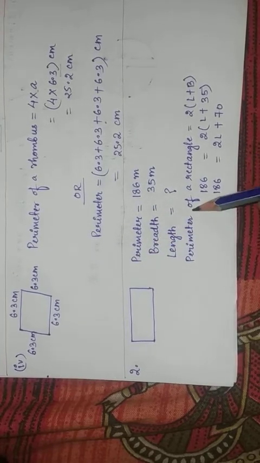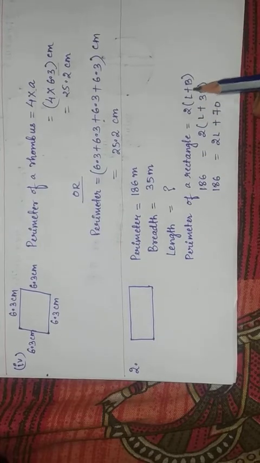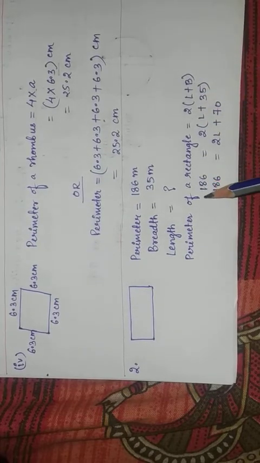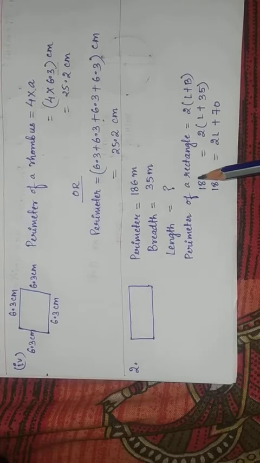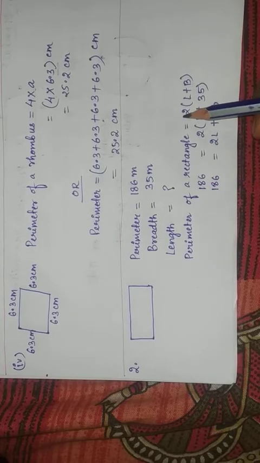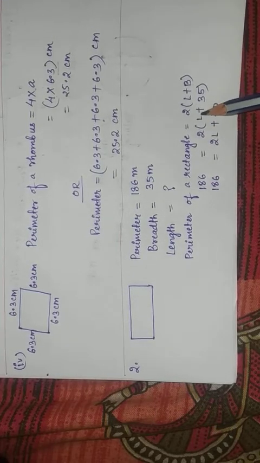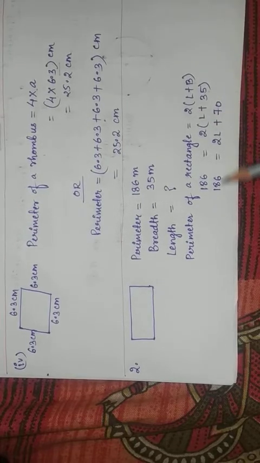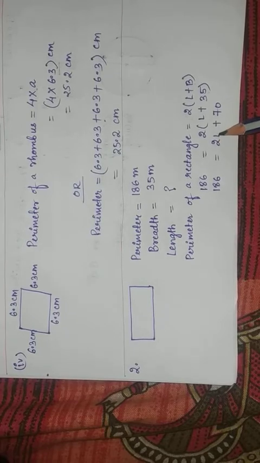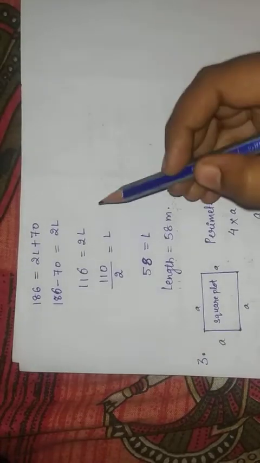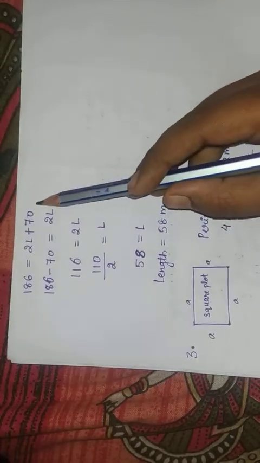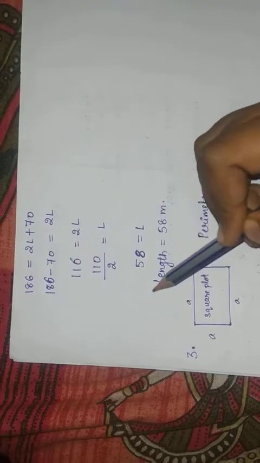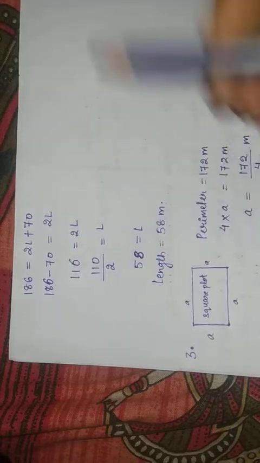So perimeter of a rectangle is 2 into L plus B. So just put the values. 186 perimeter, 2 L. You have to find out L. Then B is 35, 186 is 2L plus 70. Then 186 minus 70 is 116, and 116 divided by 2 is 58. So length is equal to 58 meter.